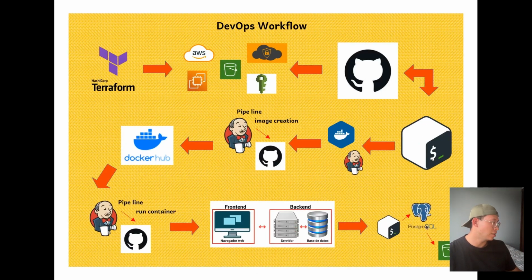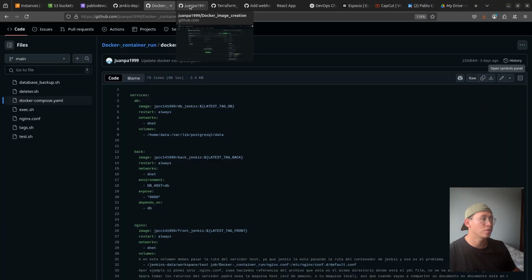All right, and lastly, I have this part, which is like a backup of Postgres, and it sends this information directly to an S3 bucket. You can set a cron job to, well, automate this process. Let me show you the script I have for this.